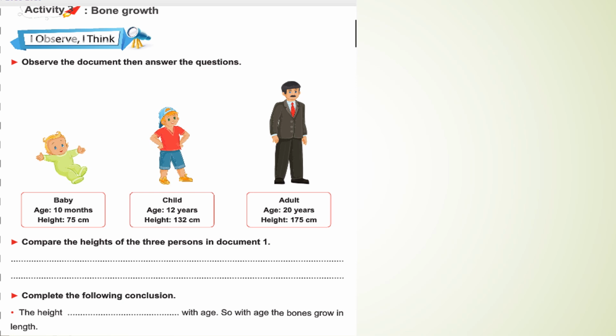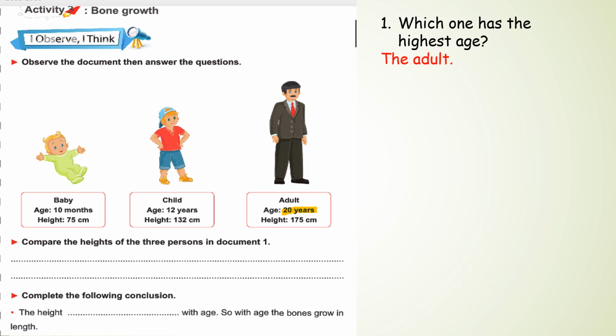Let's first of all answer the questions here. Number 1. Which one has the highest age? The baby or the child or the adult? Of course, the adult, since he has an age of 20 years, which is greater than 12 and 10 months.